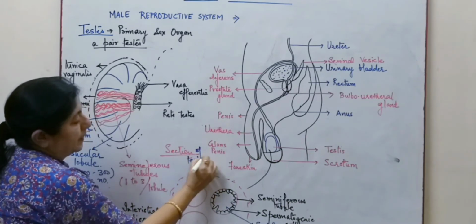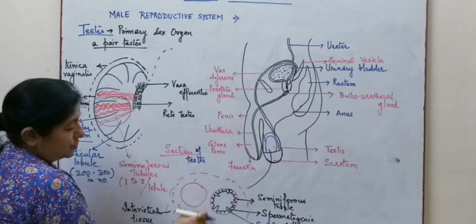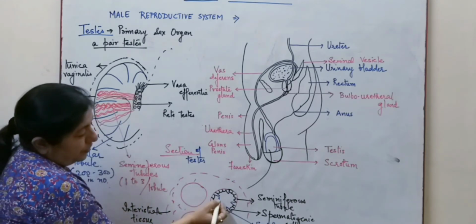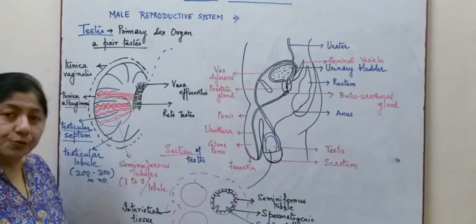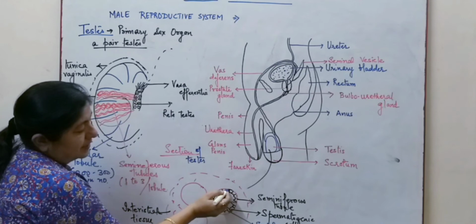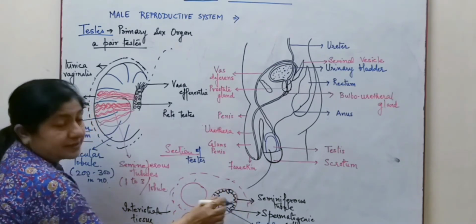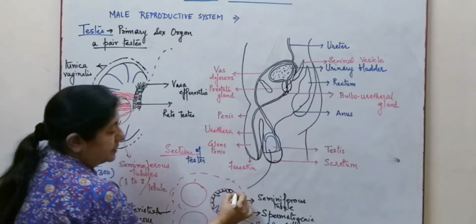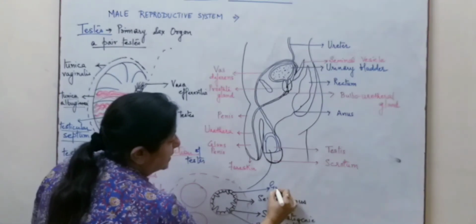So if we see a section of the testis, we find the circular structures. These are the seminiferous tubules, and within the seminiferous tubule are present two types of cells. This outer layer is the germinal epithelium, and let me label it, the germinal epithelium.